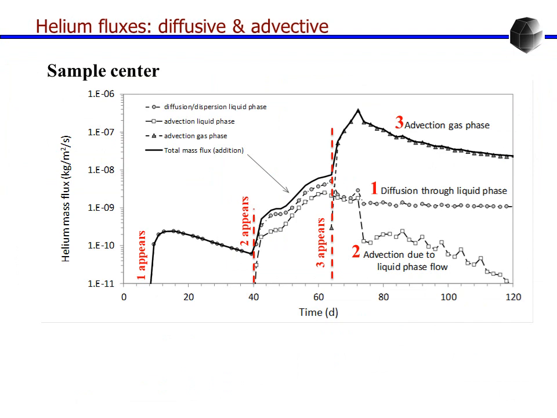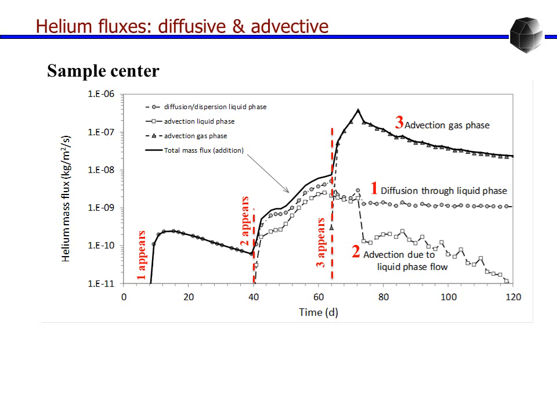And the model permits to understand what are the main types of mechanisms for flow depending on the part of the experiment. At the beginning there is diffusion, as I said, then there is some advection through the liquid phase as the water is displaced, and then in a third phase there is a formation of a gas phase, and that gas phase permits the gas to flow by advection.